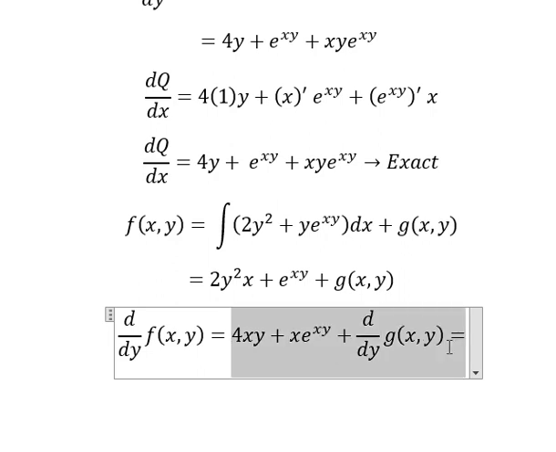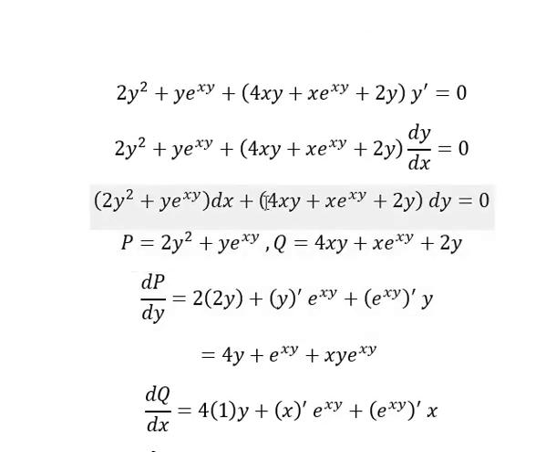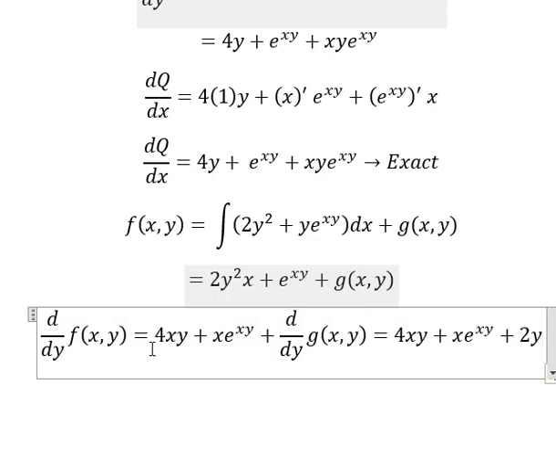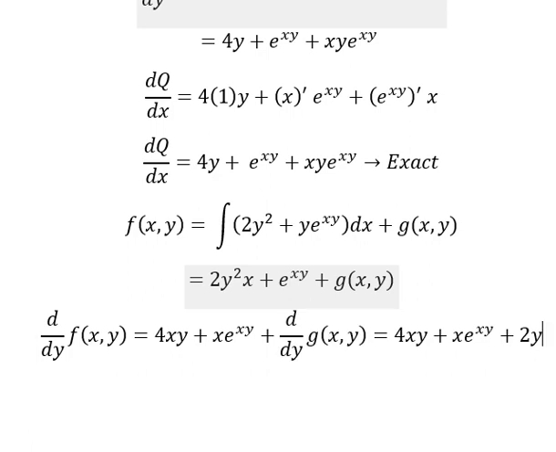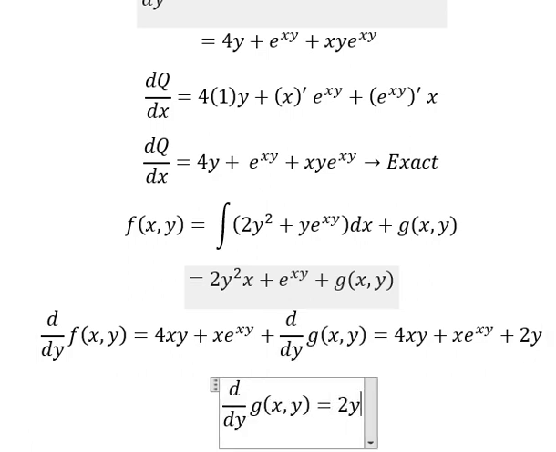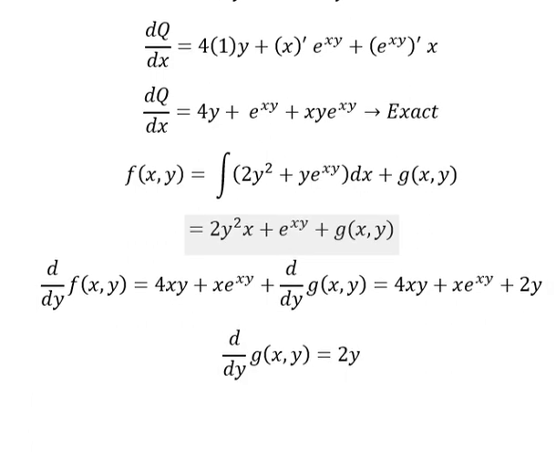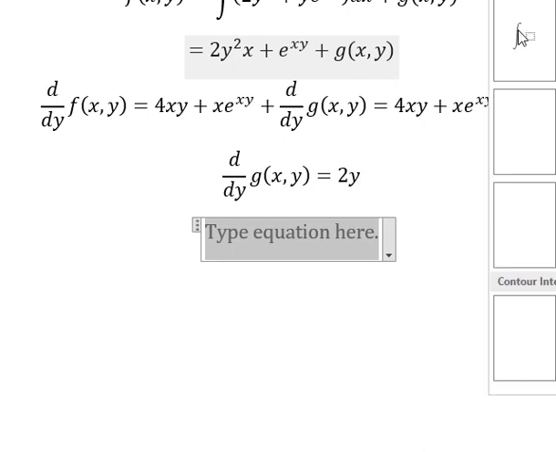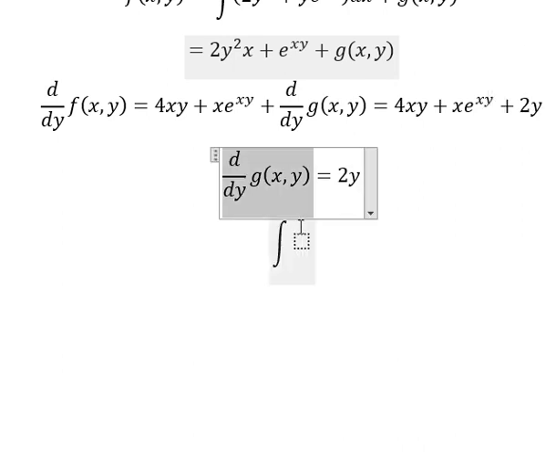And we know that this one equals to this one. Now we simplify for sy and s e to the power of sy for the both sides, and we have like this. Next we put the integration for the both sides.